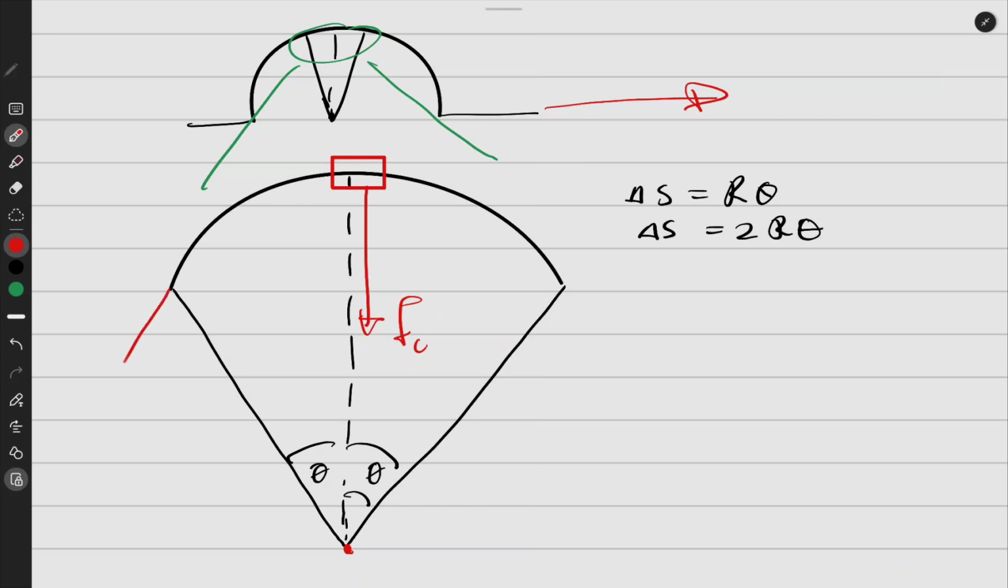If you notice here, there is a tension on the rope going like this, and there is a tension on the other side. We assume that the tension is the same. If I take these tensions and draw them head to tail, I'll have this tension looking like this, and that one looking like this, and there will be a force pulling this thing into the center.